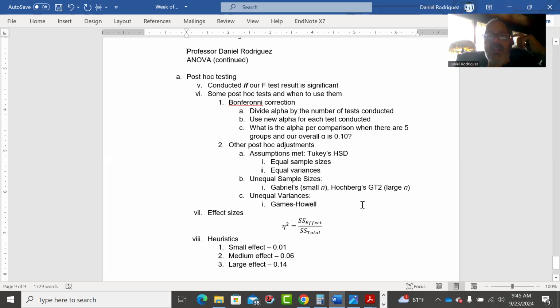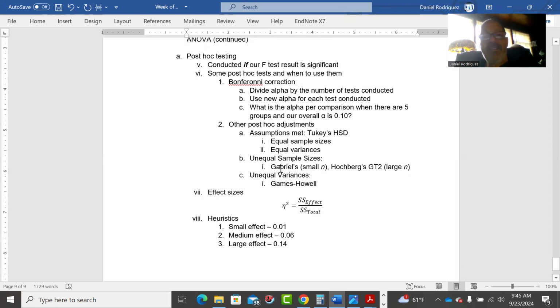They depend on which assumptions are violated, or if any assumptions are violated. If you have equal sample sizes and equal variances, you could use Tukey's honestly significant difference. The computer package will spit out the results, and you'll determine whether they're statistically significant, but it'll adjust them for multiple comparisons.